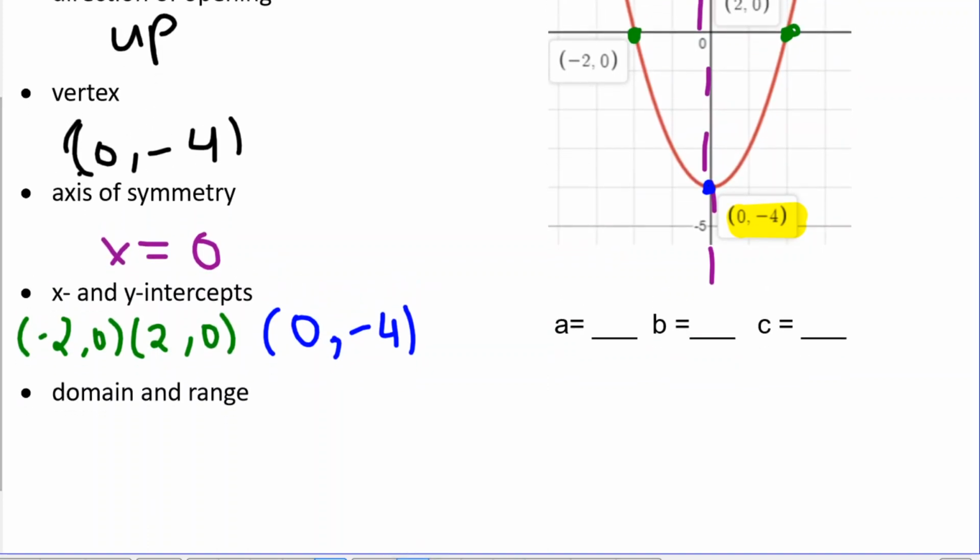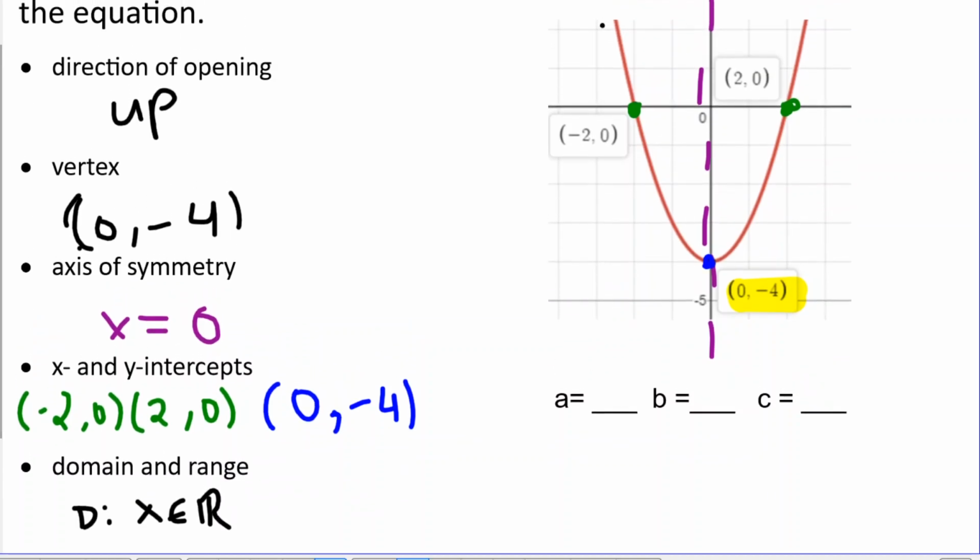Talking about domain and range, just like every other quadratic, I'm going to say that x can be any real number because we know, while the graph doesn't have arrows, it's going to keep going left as it goes up on the left side, and it's going to keep going right as it goes up on the right side.